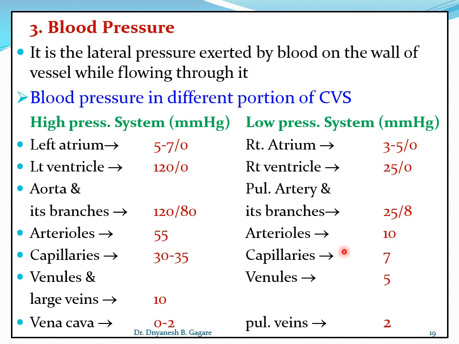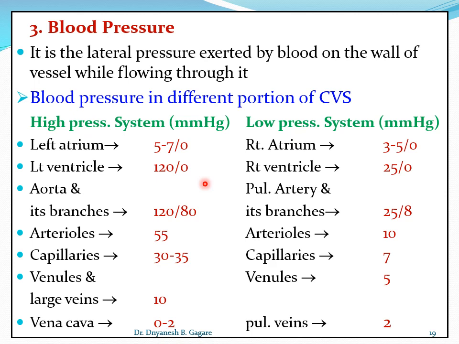Okay. Now very important points, students. Remember how much blood pressure is there in the different segments of the CVS. We are always using the word blood pressure for the large vessels, and we say that the normal blood pressure is, for example, 120/80, but that is in the large vessels.